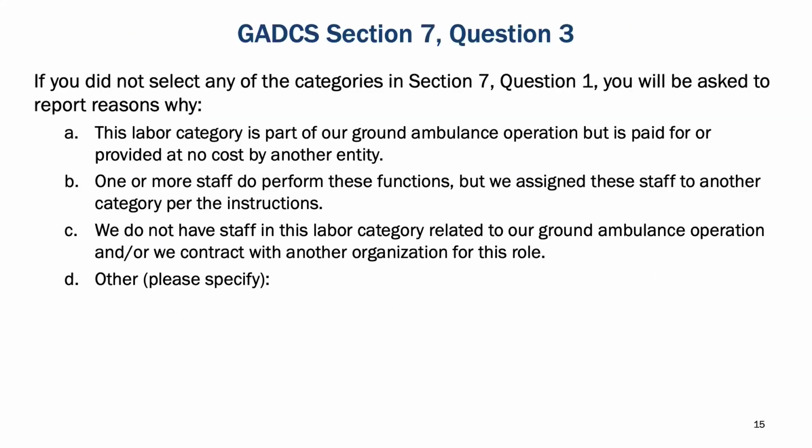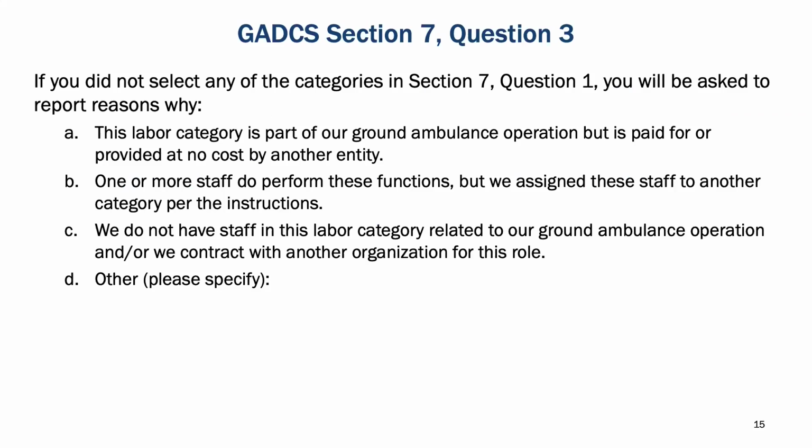Most organizations will have staff in some, but not all, of the categories listed in the table in question 1. For each labor category that you report not using in the table in question 1, you'll be asked to provide the reasons why you reported no in both the paid and volunteer columns.